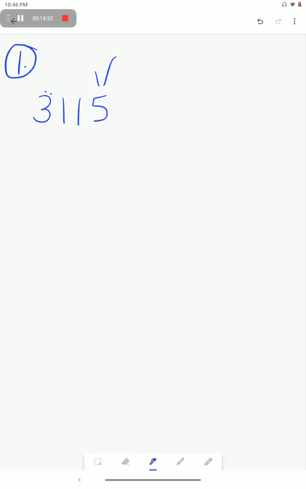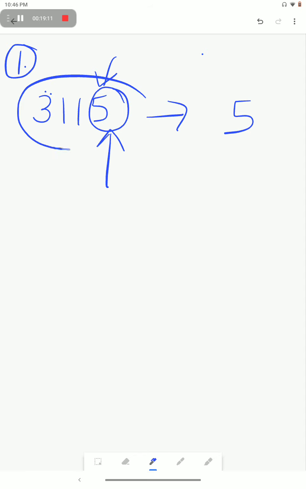We will just see the unit place digit 5. And in case of 5 cube, it is 125, means we have 5 at its unit place. Means whatever the unit place digit of the cube of this single number is, that will be the unit place digit of this complete number. Okay.